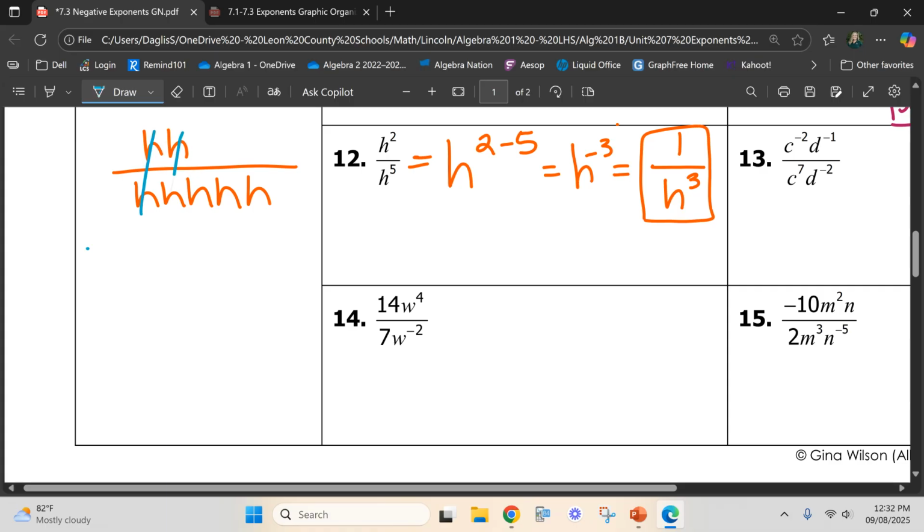So do we agree that 2 of them get canceled out? And how many are left on bottom? There's 3 left on bottom and nothing up top. So that becomes 1 over H to the 3. That's essentially what we're doing without having to write out all the variables. When we get up to like 12 and 10, that's a little much. But that's essentially what's happening and why we're able to do it.